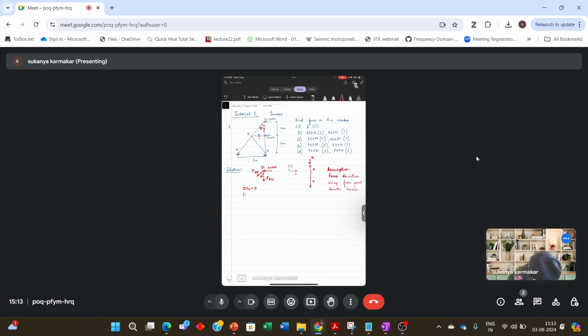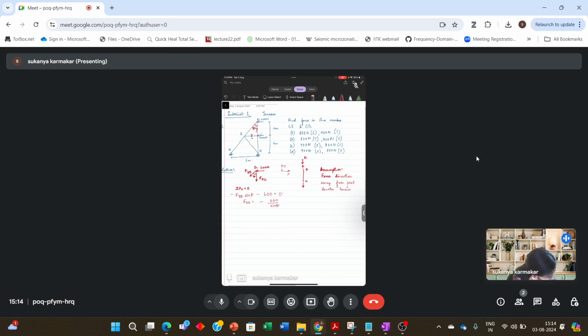So minus FED sine theta minus 600 is equal to 0. So FED will come out to be minus 600 divided by sine theta.